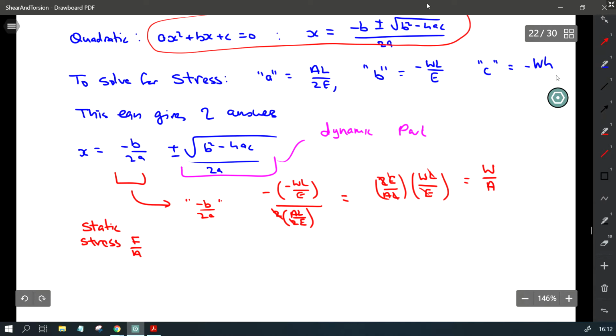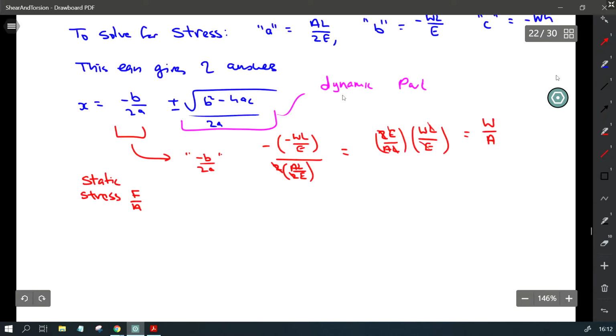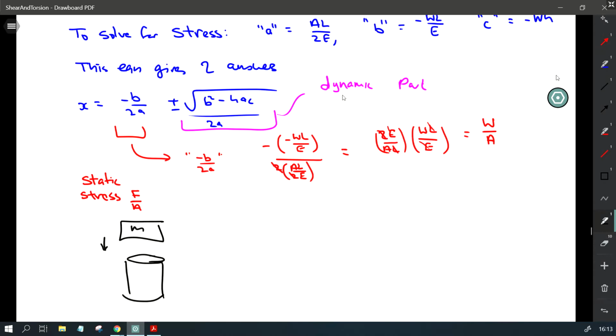So if you imagine what happens if you have a pillar or a post or something like that, and you have a mass that drops onto it.